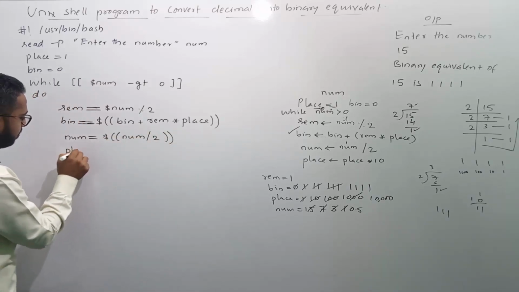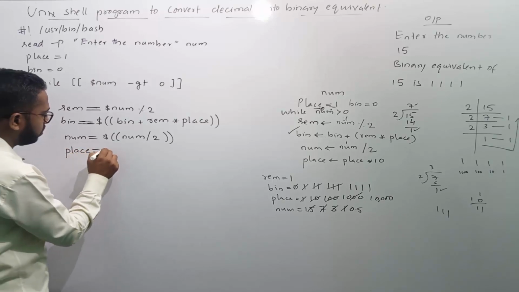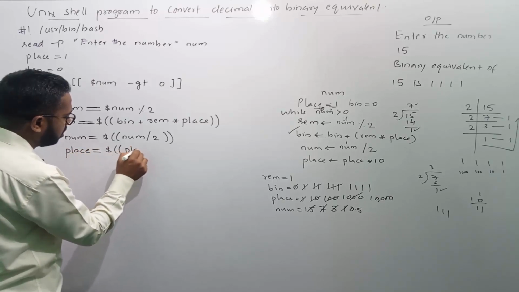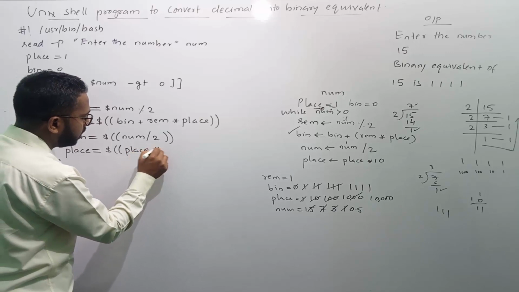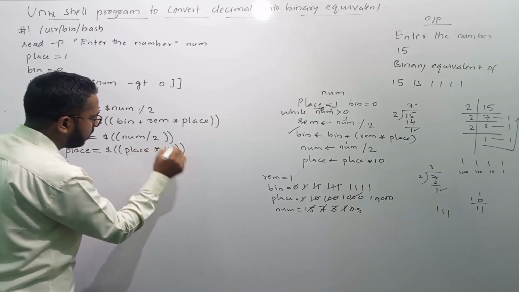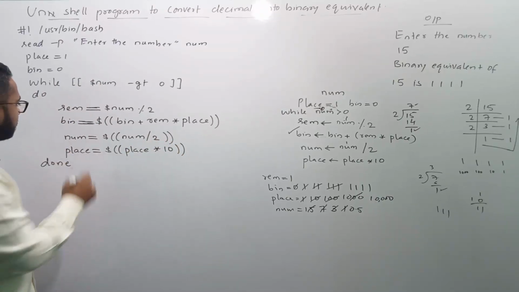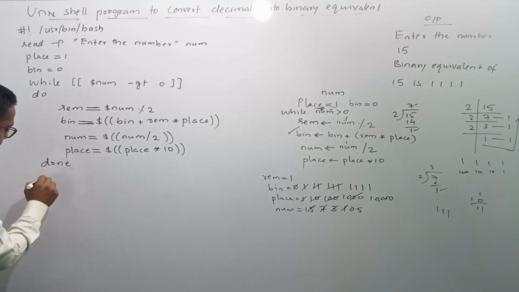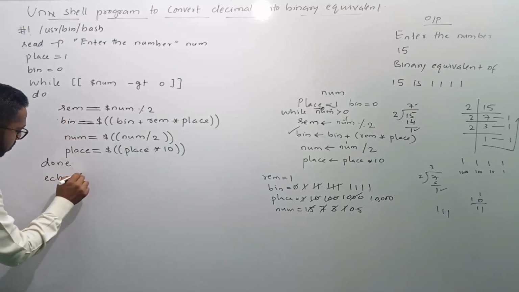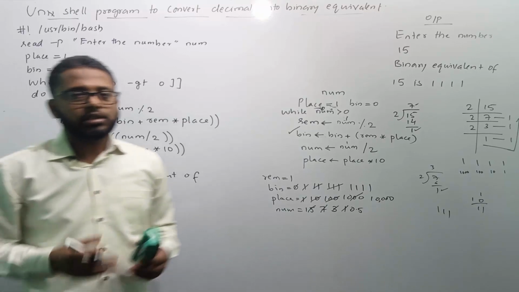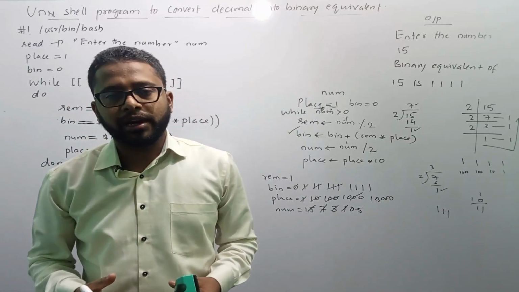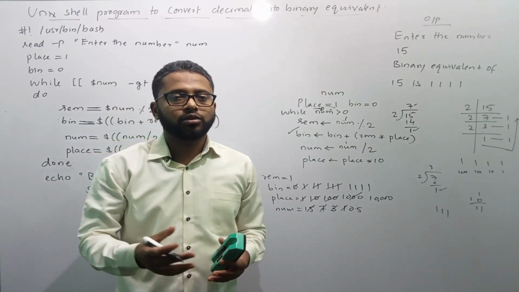Next, place is equal to place into 10. Done. Next, we will print this binary number, echo. So this is everything about writing a shell program to convert a decimal number into its binary equivalent.